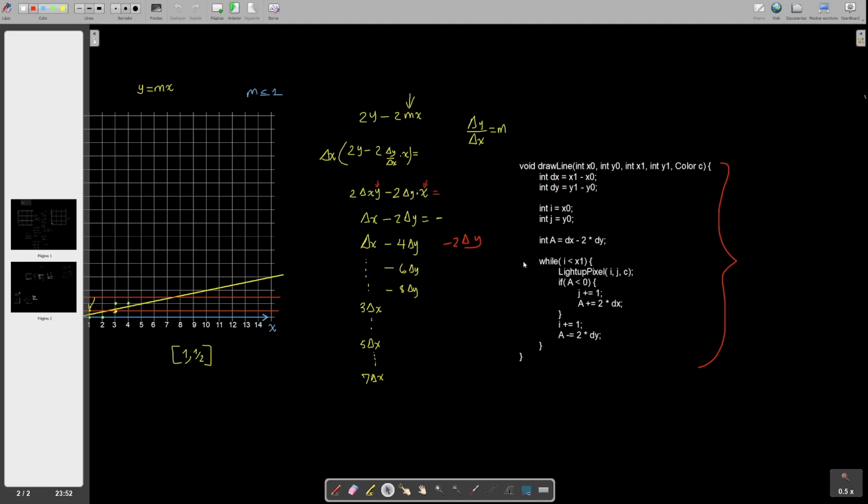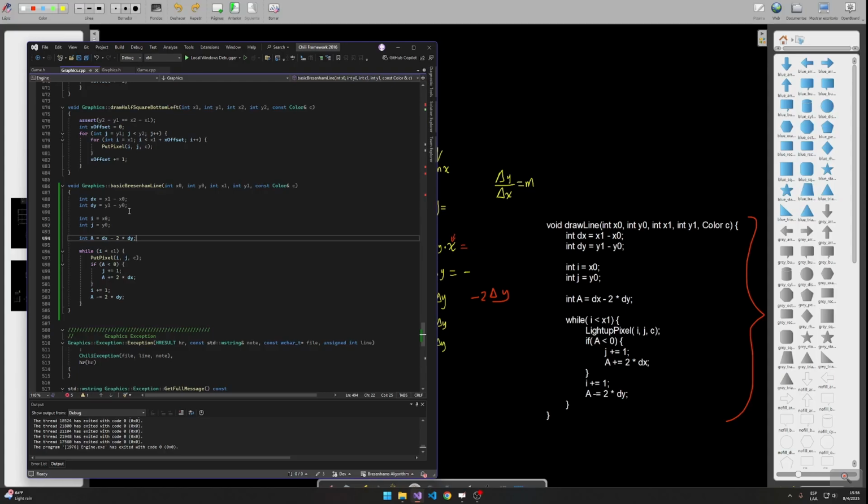Let's jump into it, and then we're going to go over all of the cases where we need to swap variables and make this work for any other section of our Cartesian plane.